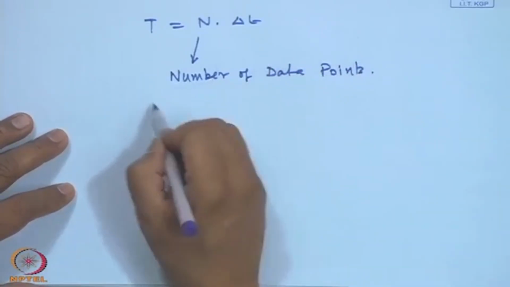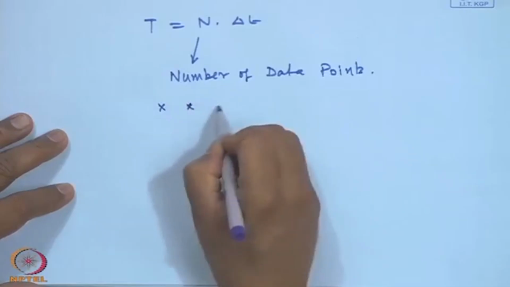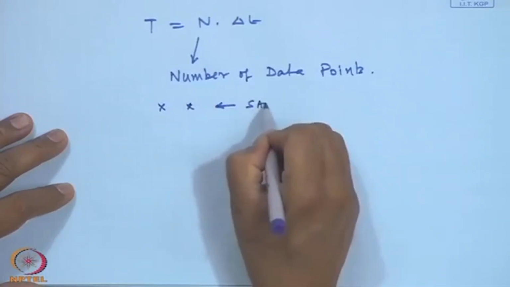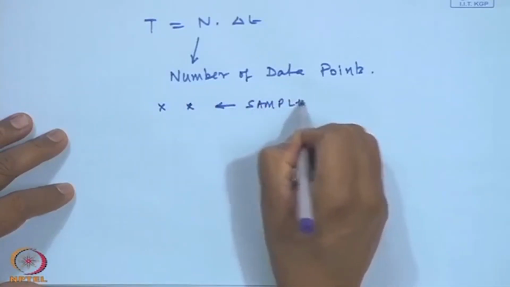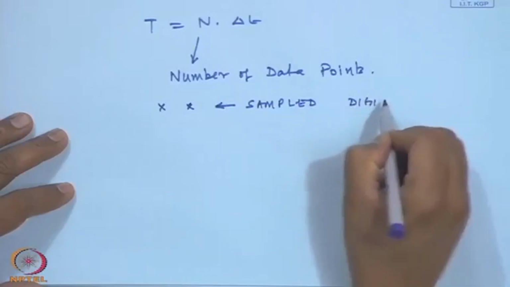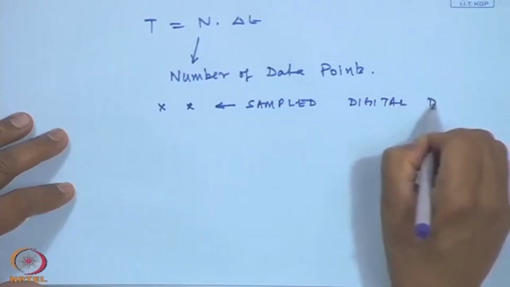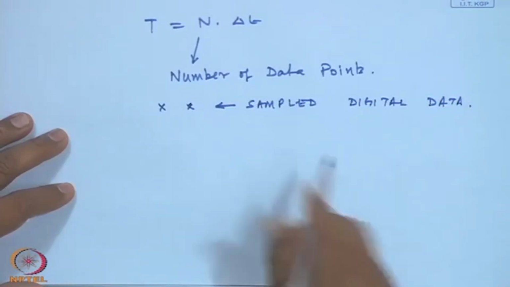In the previous diagram, all those crosses I had drawn were the locations of the sampled digital data.